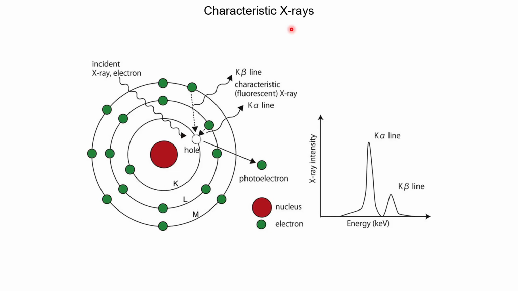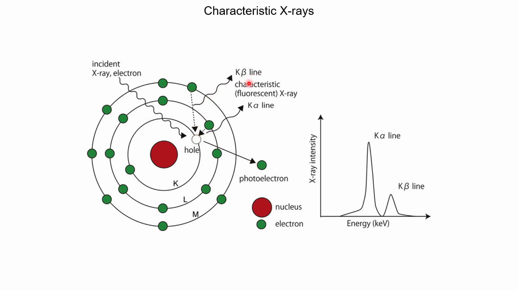If the incident electron beam interacts with the K shell electron, then a hole is generated. If an electron from the L shell is transmitted to the K shell, then it will be known as the K alpha line. And if an electron from the M shell comes to the K hole present in the K shell, then it will be known as the K beta line.